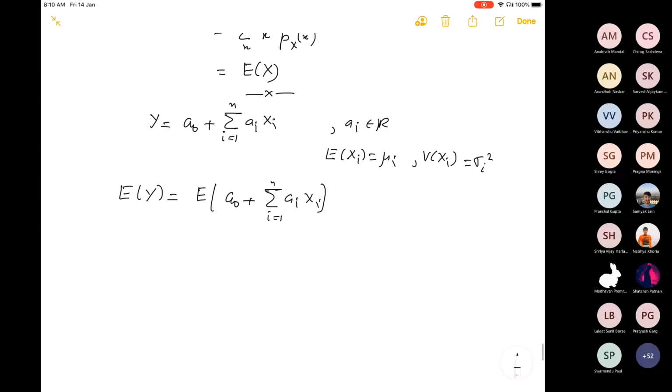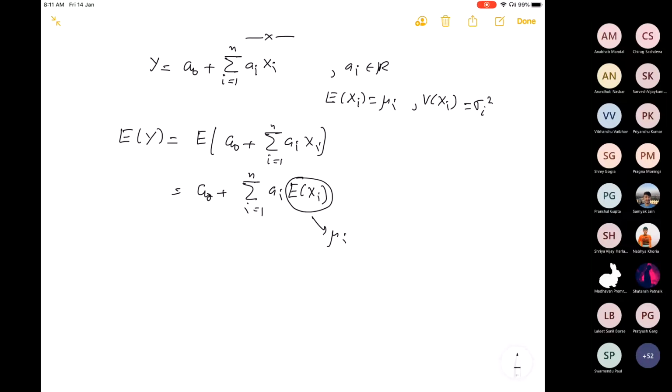Because n variables are there here, for example, let me give the proof for 2. The expectation will go basically inside: a0 plus summation i from 1 to n of ai times the expected value of xi, which is nothing but mu_i.